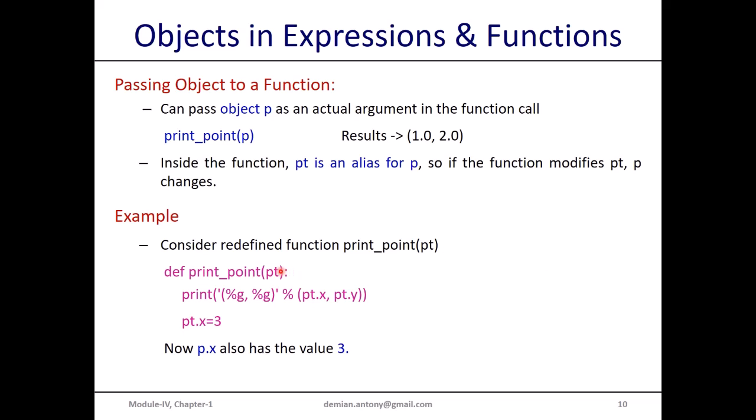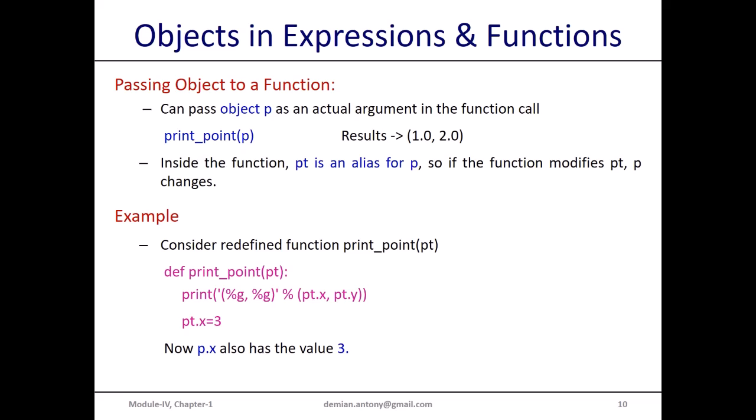The argument pt is an alias, a new reference to the same object p, and whatever changes you make through pt affect p also, as both p and pt point to the same memory location. So you need to remember this whenever you pass an object to a function.